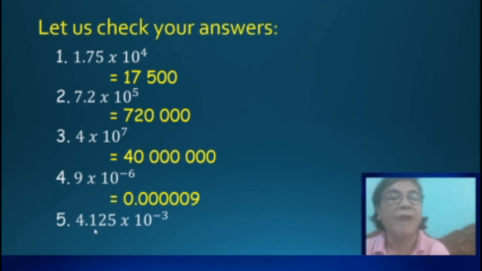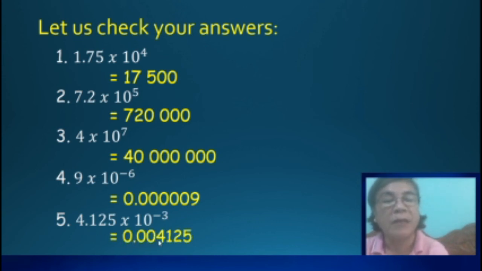And for number 5, 4.125 times 10 raised to the negative 3. Final answer is 0.004125. Okay, we got 5. Excellent. 4. Very good. 3. Good. 1 and 2, you may have to repeat this digitalized lesson.